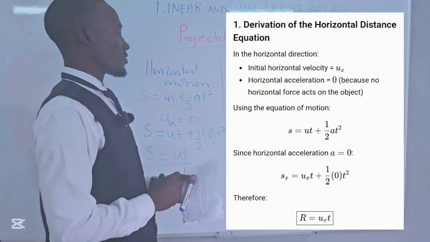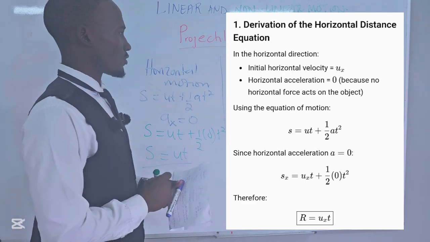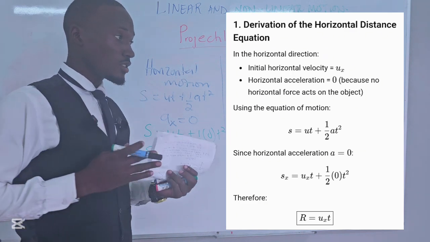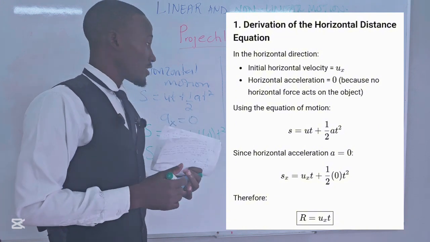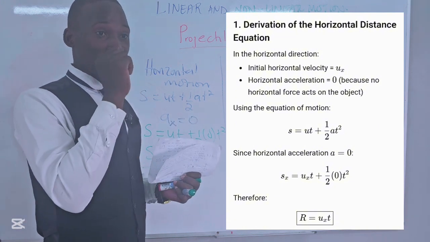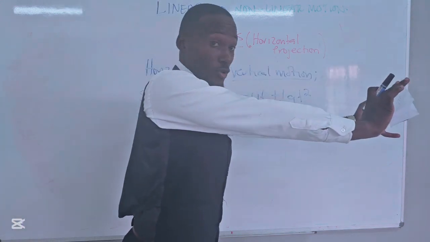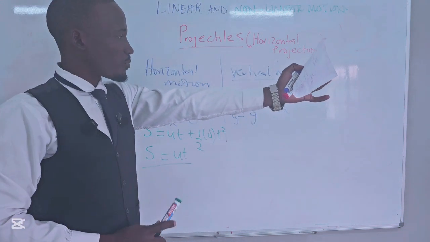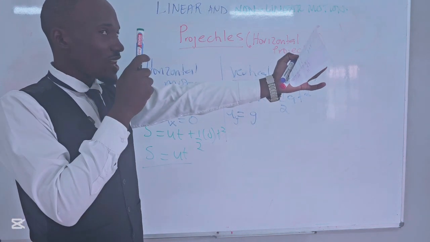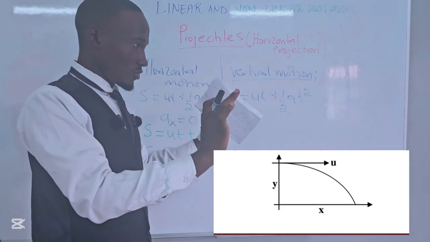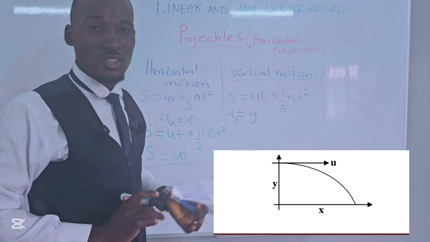Similarly, if this body is moving in the vertical motion, and it is projected horizontally, then its initial velocity vertically is 0. So the speed initially in the vertical is not there. The speed we gave it was horizontal. We never gave it any vertical speed.